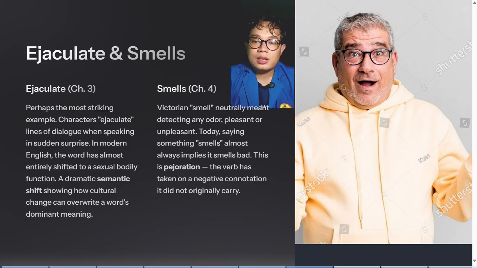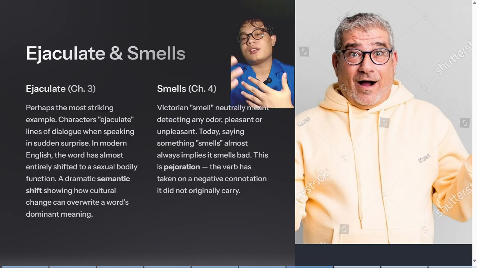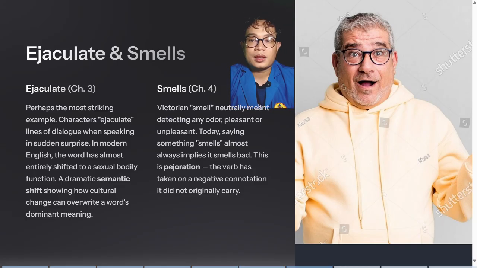Over time, cultural and biological context completely overrode the word's dominant meaning, so it shifted almost entirely to a sexual bodily function. It is a dramatic example of how a word can be completely redefined by society.